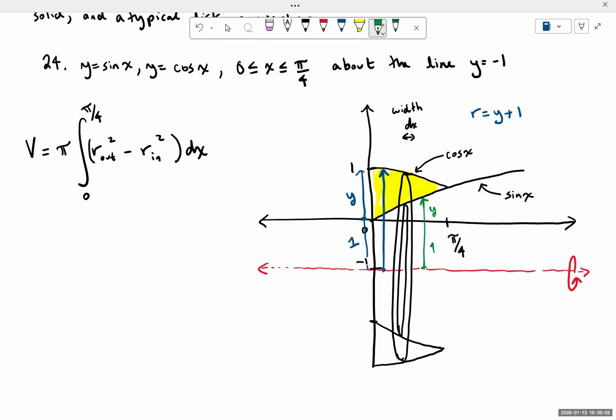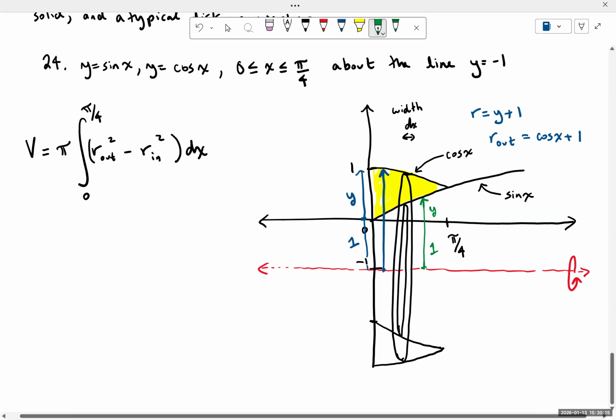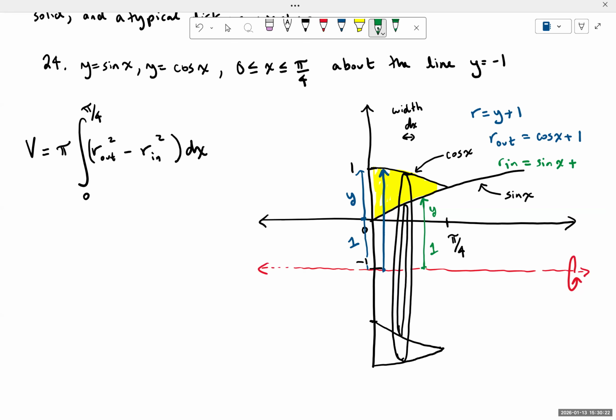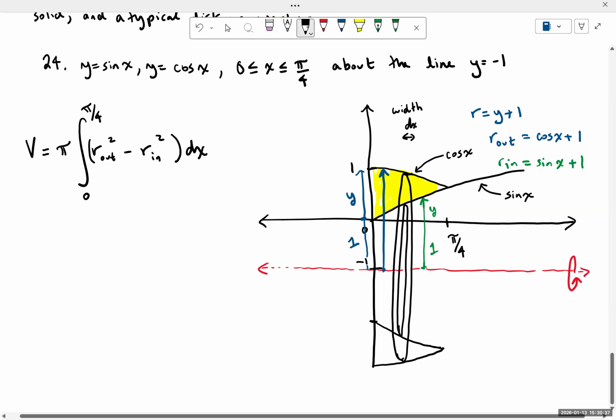The y is just going to be different, because in the outer radius I'm going to the top curve, which is the cosine, and in my inner radius I'm going to the bottom curve, which is my sine. But in both cases I want to put a plus 1, because I'm moving over. I'm having a large hole in my rotation.